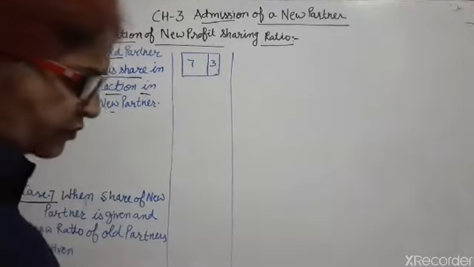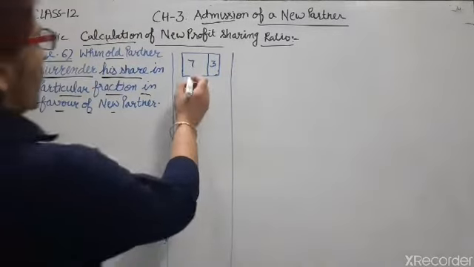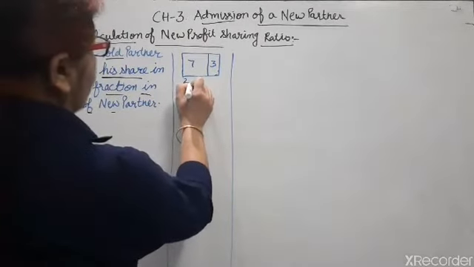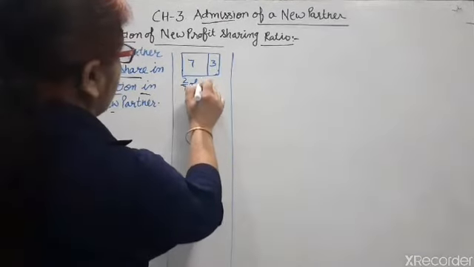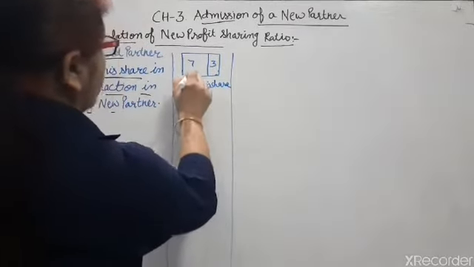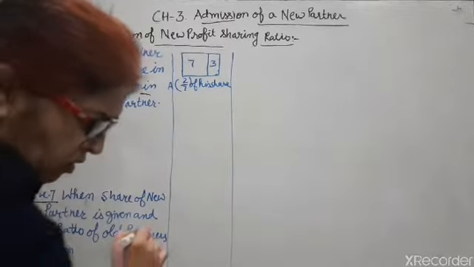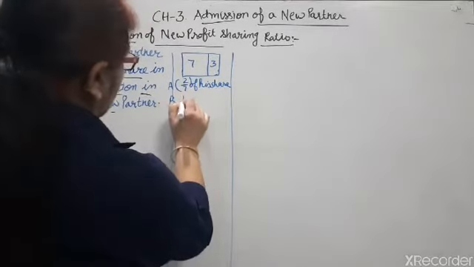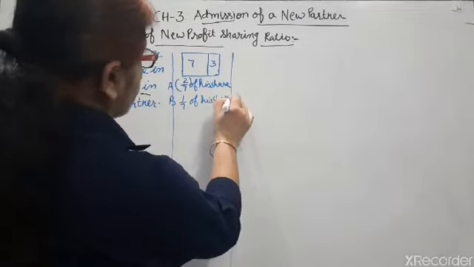After that, a new partner will come and A surrenders 2/7 of his share and B surrenders 1/7 of his share in favor of C.